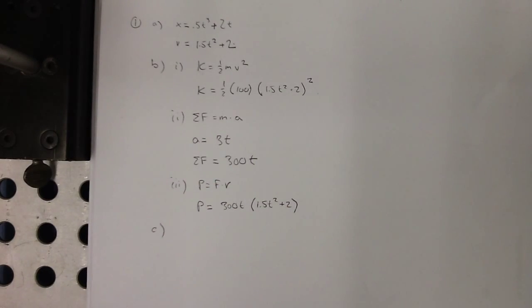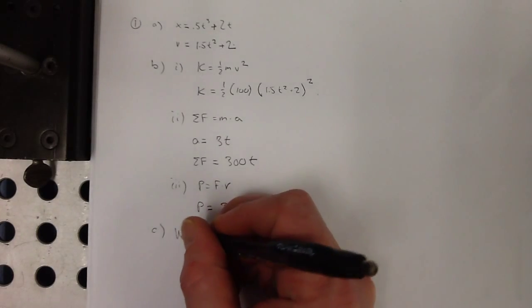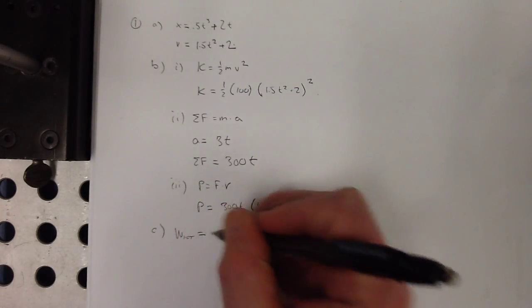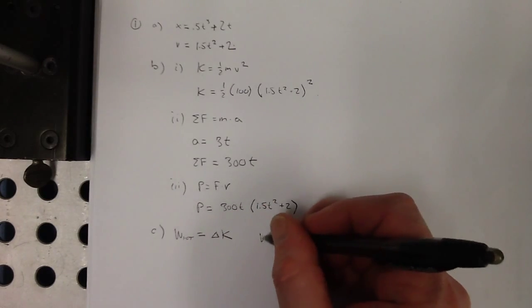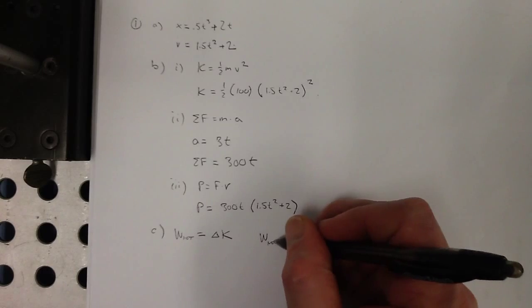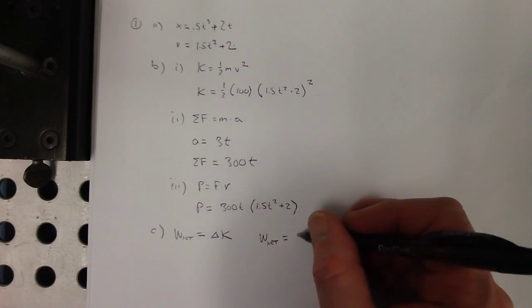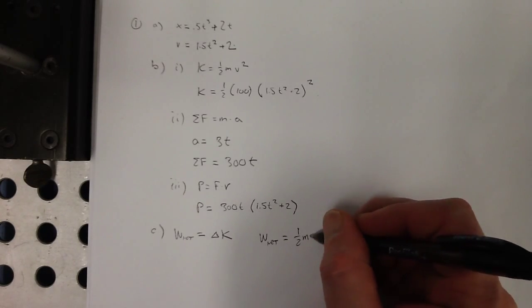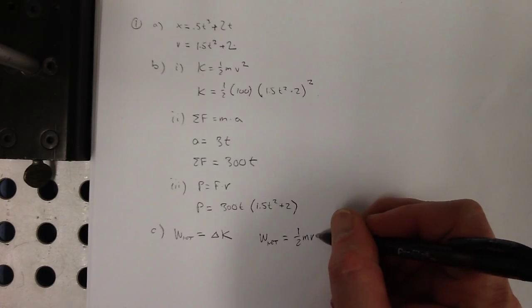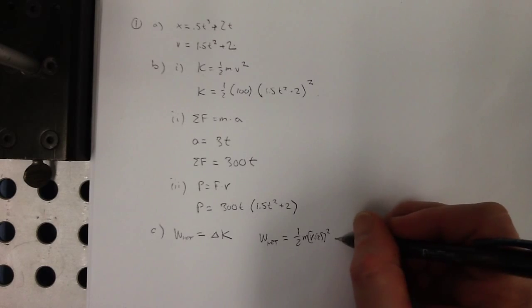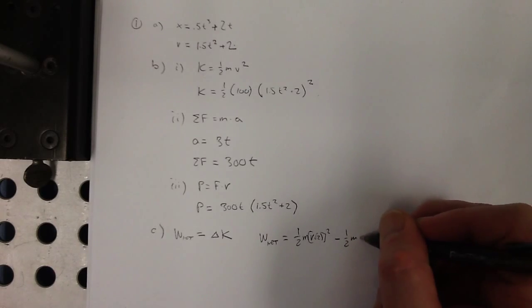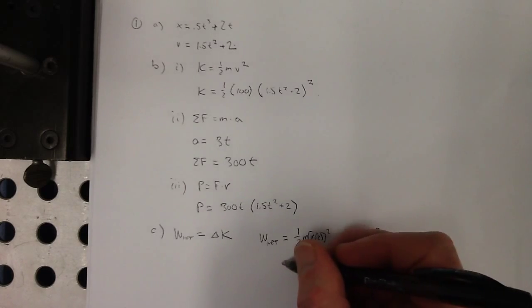Part C, calculate the net work done on the box in the interval from time 0 to time 2. Well, net work is equal to the change in kinetic energy. So the net work done from time 0 to time 2 is equal to 1/2 m v at time 2 squared minus 1/2 m v at time 0 squared.